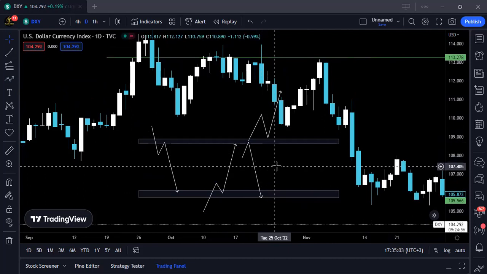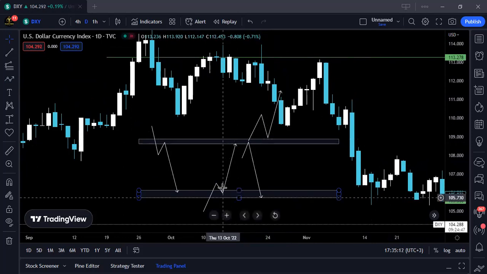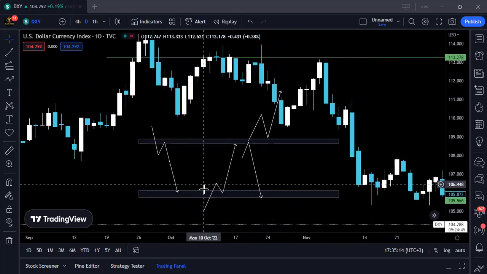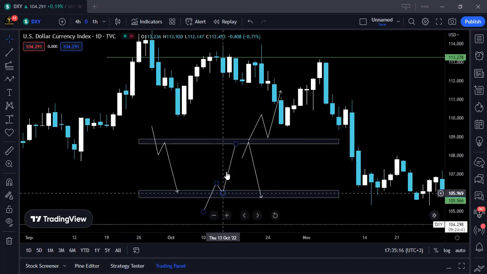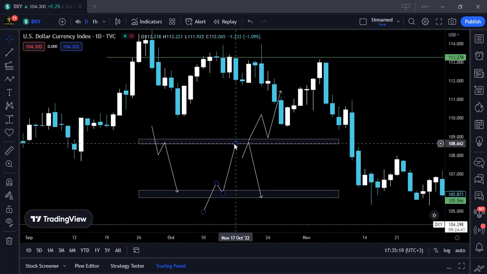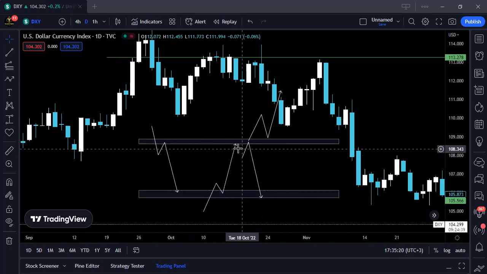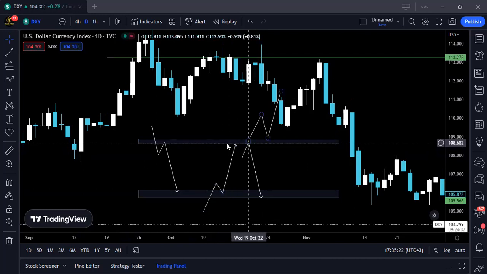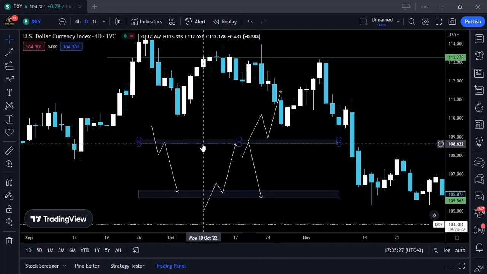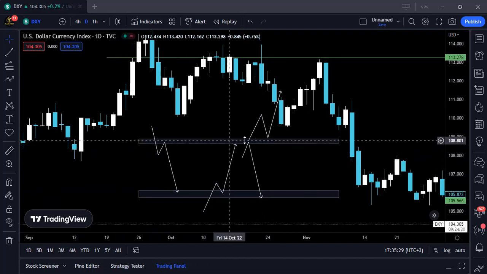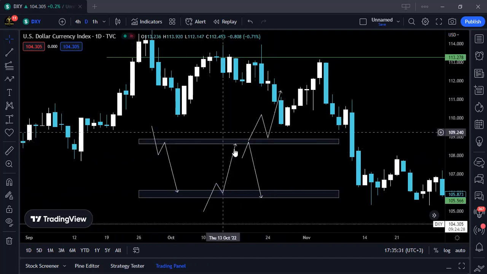Now, here's the secret. It's all in the momentum. It's all in the candlestick anatomy, right? So for instance, if prices are approaching this structure here, maybe you took a buy and prices are approaching this resistance up here. If, as they're approaching the resistance, they don't have that much momentum, then there's a big probability that they're not going to be able to break this structure and push higher, because they don't have momentum.